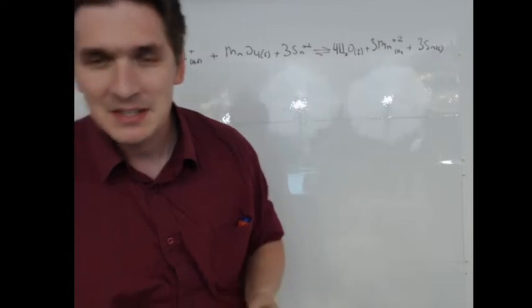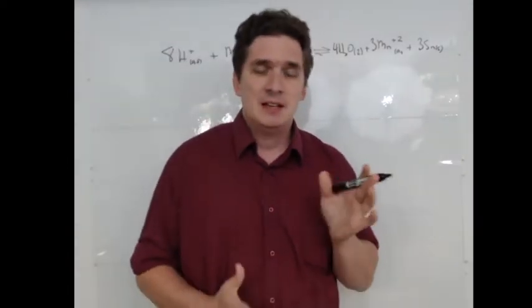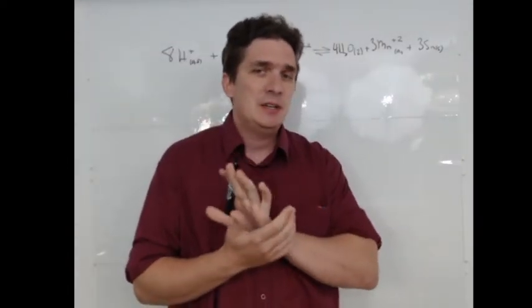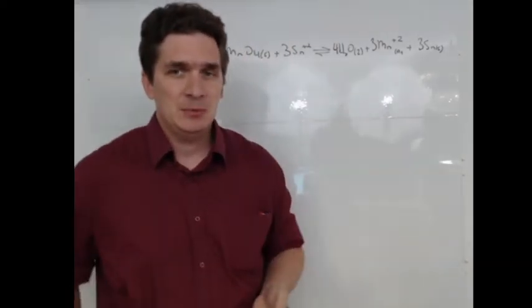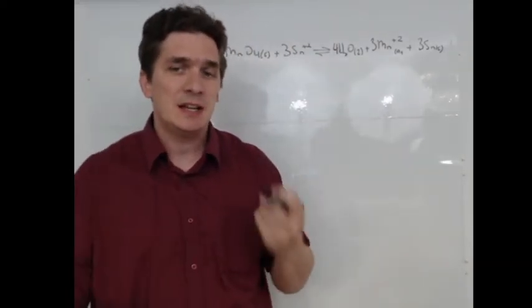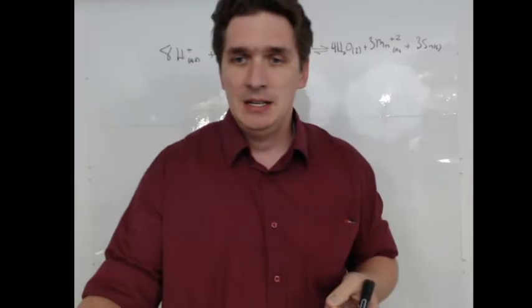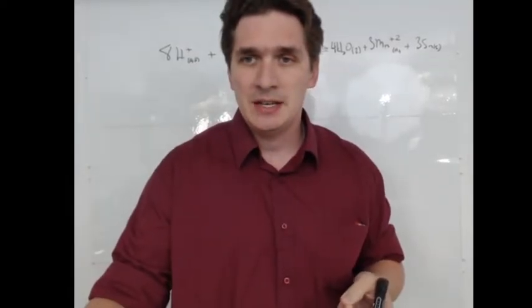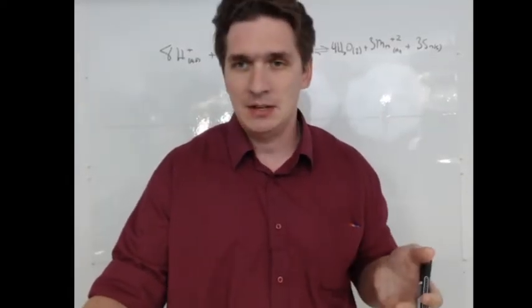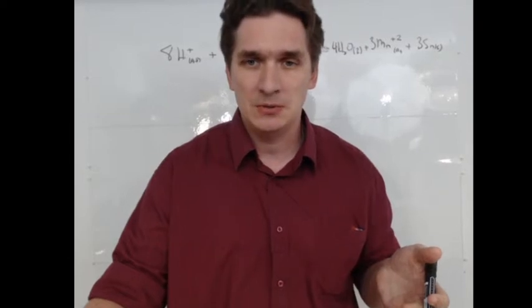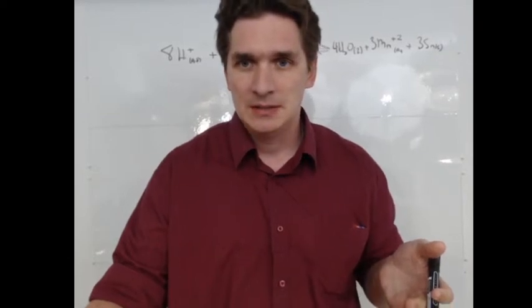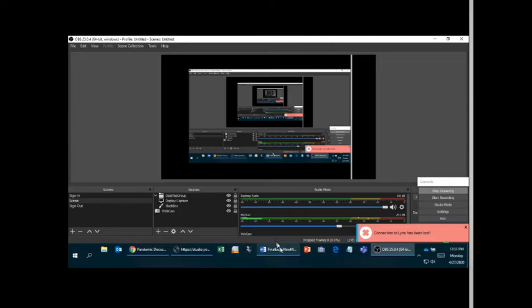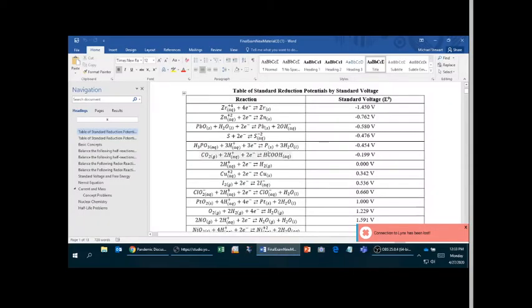Anyway, standard reduction potentials. Now, standard reduction potentials are actually pretty easy to calculate, but there are a couple simple pitfalls. When we say standard reduction potential, if you go to the final exam packet on the course website, and I'll bring it up for you right here, there are these tables of standard reduction potentials.